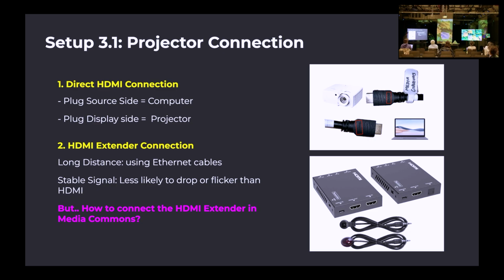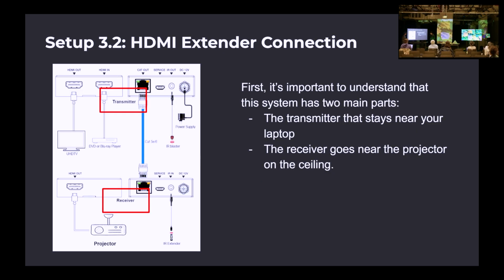So an HDMI extender is pretty much the same thing. It's using Ethernet to establish a connection for HDMI rather than just using direct HDMI. This can be better if you're going long distances. You'll usually get some disruption if you're just doing a direct connection like this, but if you're using Ethernet, it travels a lot better.